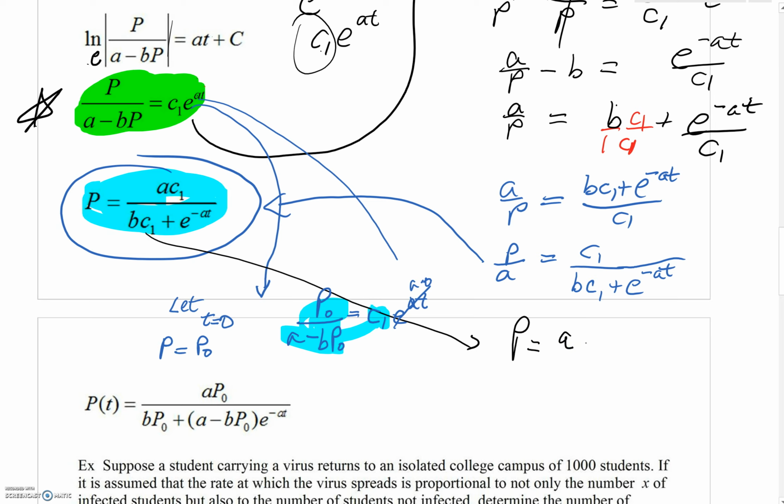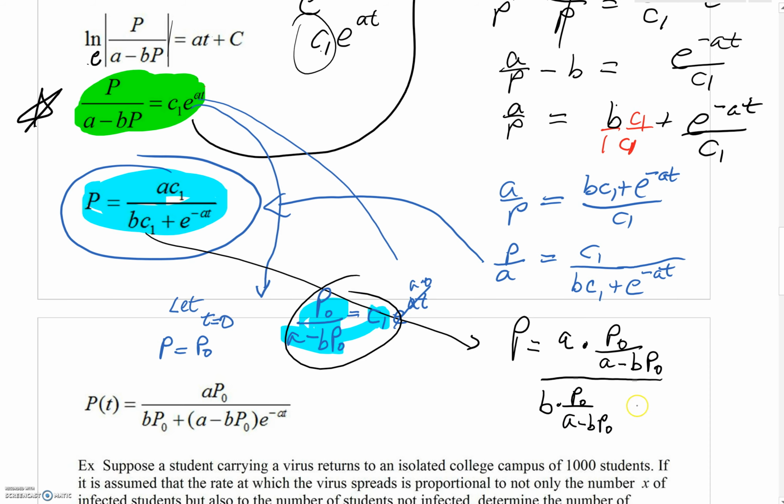This C1 is this very ugly looking expression right here. And then we divide that by B times our C1. Well, guess what? We found out what our C1 was. It's this very ugly expression that we just found in blue. And then we'll say plus e to the negative at.